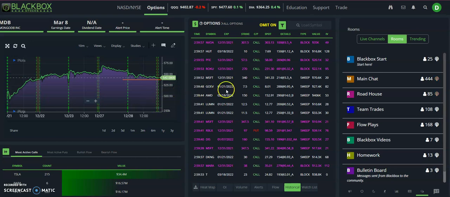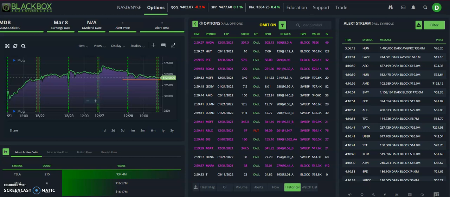Another thing that's really great, along with this dark pool activity, is you get this right here. They have a dark pool volume profile that is added to the chart. If you know anything about dark pool, it's volume at a particular price.